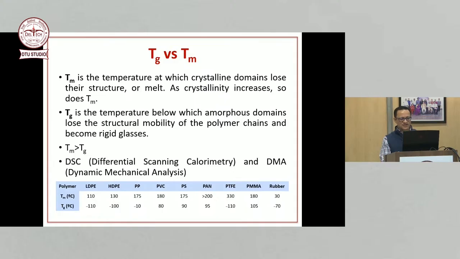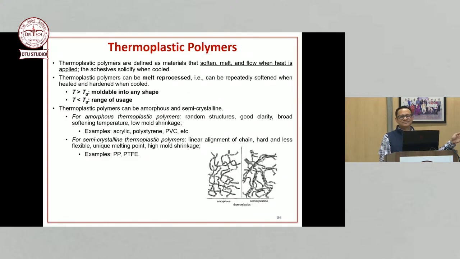To give you an idea, that last example, let's say rubber, Tg is minus 70, but we are using it at room temperature, right? So that's why it's rubber, because you are using it above its Tg. If you go below Tg, below minus 70, now it won't be rubbery anymore, right?